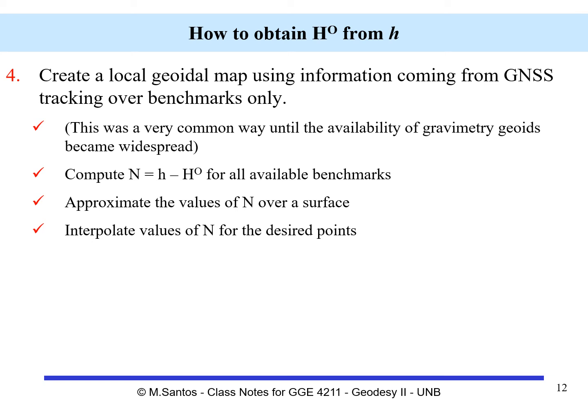So if we have enough benchmarks, we're going to have enough values of N, and then we can approximate the surface. And then we interpolate the values of N for the desired points.